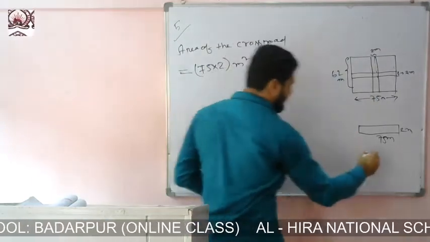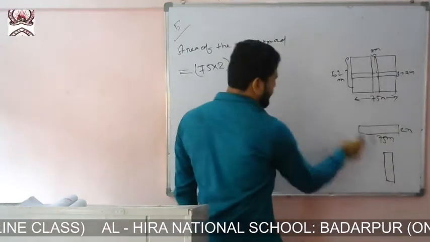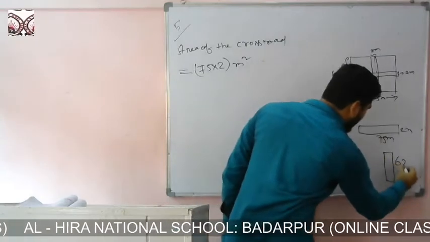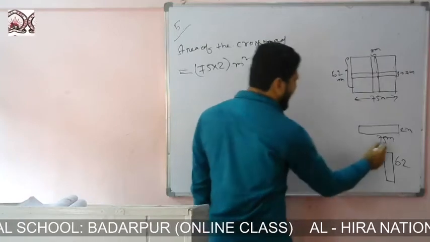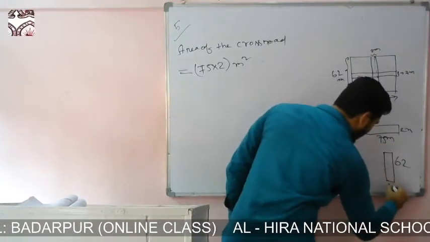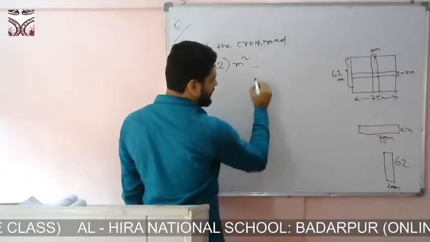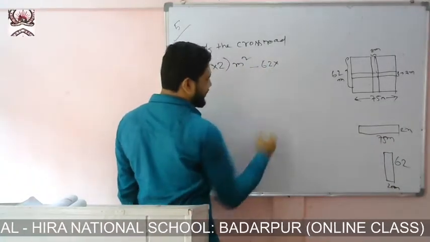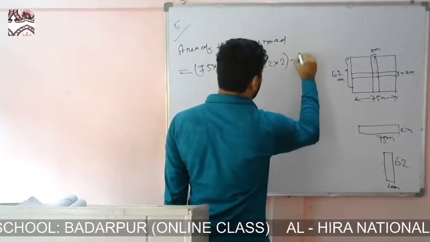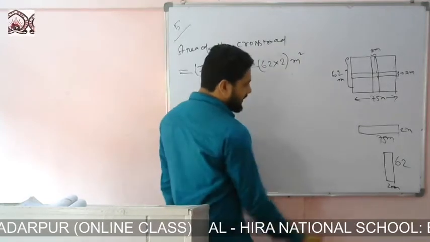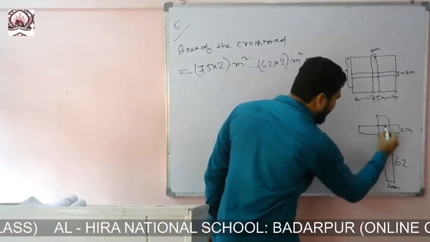Second one, you see, second one like this. So length will be 62, given here. This section and this section will be the same, and breadth 2, again 2 meter. So you can write plus 62 into 2 meter square. Now you see, if I put this one here, then a common section is formed.